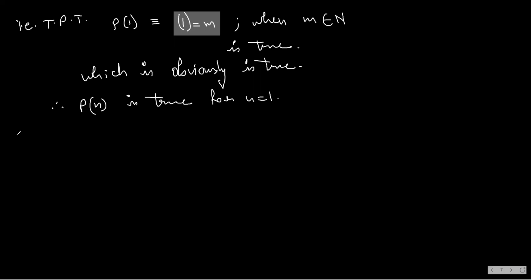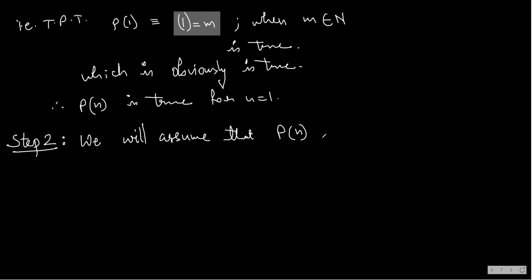Okay, so the next will be step 2. In step 2, as you know, the step 2 of the principle of mathematical induction begins with an assumption. So here I will write, we will assume that P of n is true for n equals k.